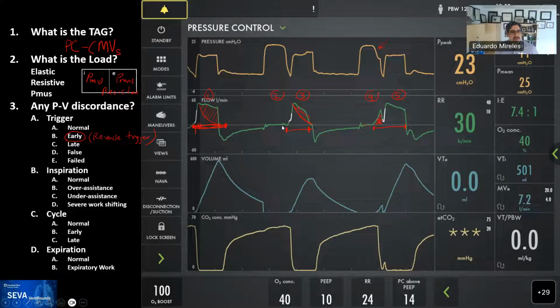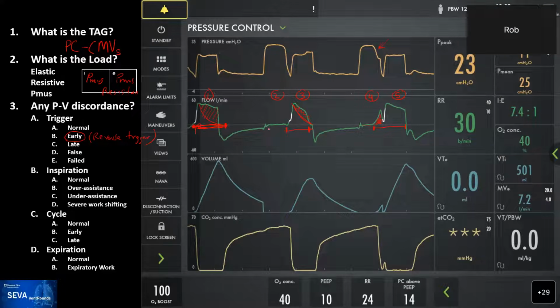What's happening during the inspiration on breath number 2 and breath number 4? Well, we see that the flow goes to 0, even though the airway pressure rises above 0. What that means is the ventilator is trying to cause an inspiratory flow, but something is obstructing it.